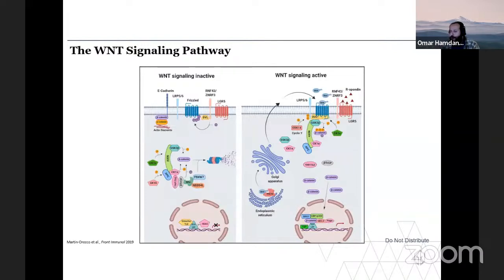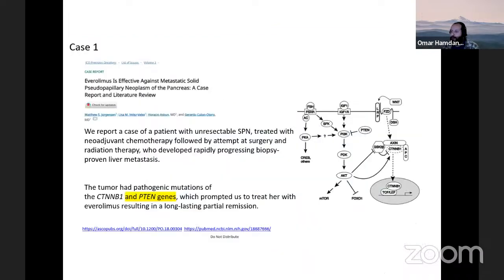So there's this feedback loop that happens when one of these pathways is activated. And here you actually have what could be an activation of both of those pathways. So with that, I will pass it off to Dr. Khan. Thanks, Dr. Hamdani and Dr. Kanan for that nice introduction.